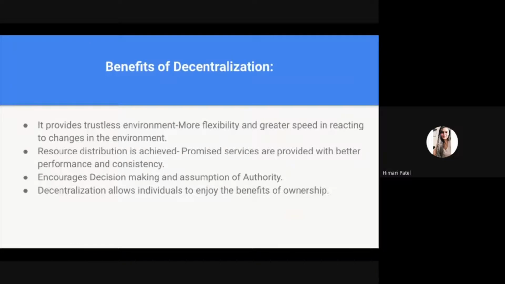Promised services are provided with better performance and consistency. Quick decision making. Decentralization brings the decision-making process closer to the scene of action. This leads to quicker decision-making at lower levels since decisions do not have to be referred up through the hierarchy. Decentralization allows individuals to enjoy the benefits of ownership.